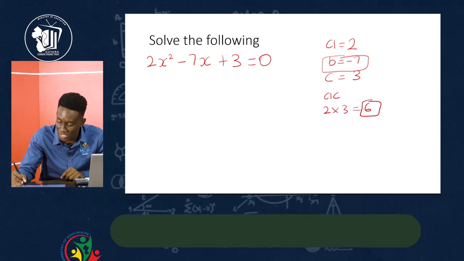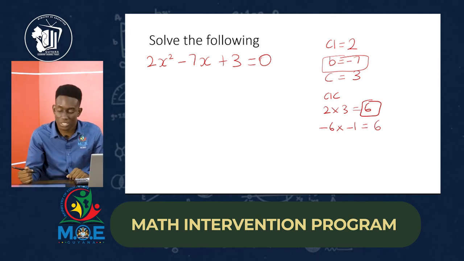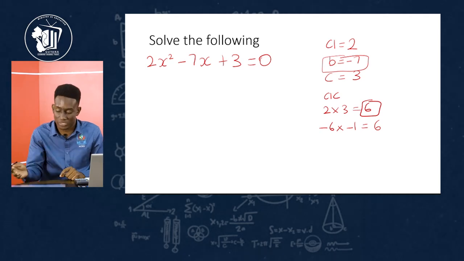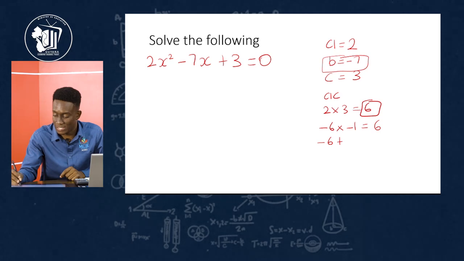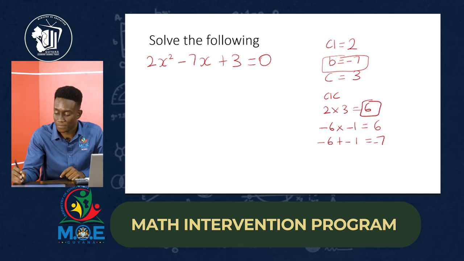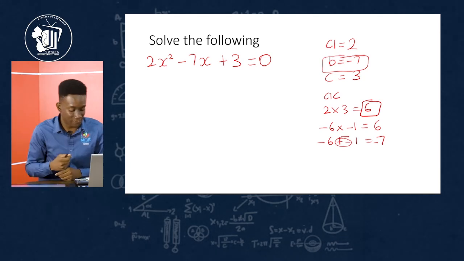We can use negative 6 times negative 1, which gives us a positive 6, because a negative times a negative gives you a positive. And then negative 6 plus negative 1 will give us negative 7, because the plus and the minus together cancel out and give us a minus. So negative 6 subtract 1 will give you negative 7.